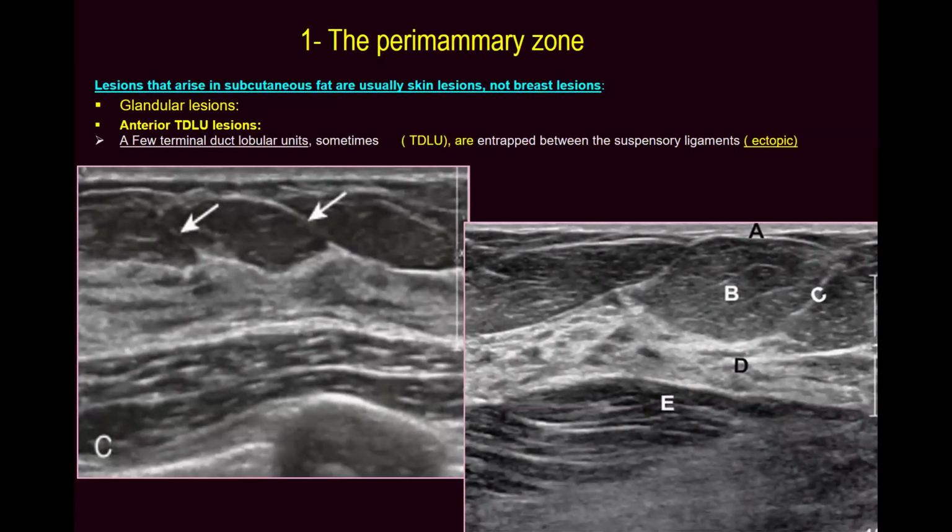As I told you, why I suggest that: if it is ectopic within the superficial, within the Cooper ligament, it is supposed to end at the superficial fascia, unless it is cancer and infiltrating that way.